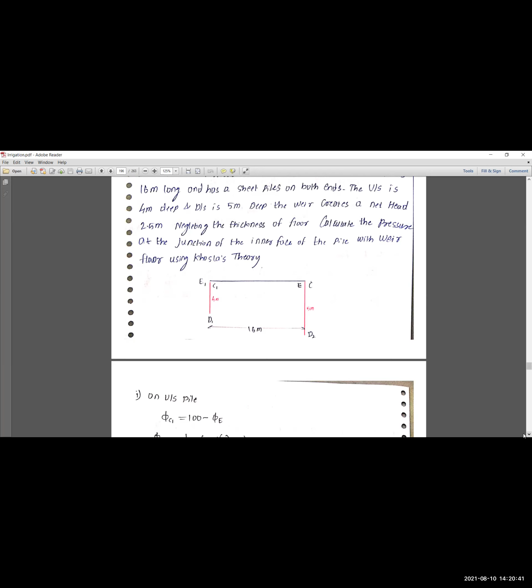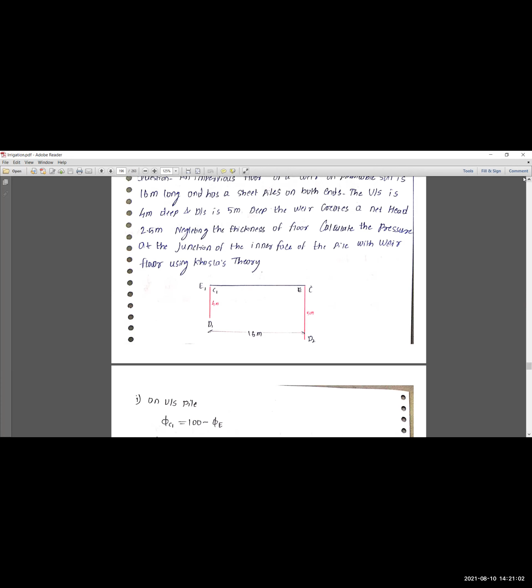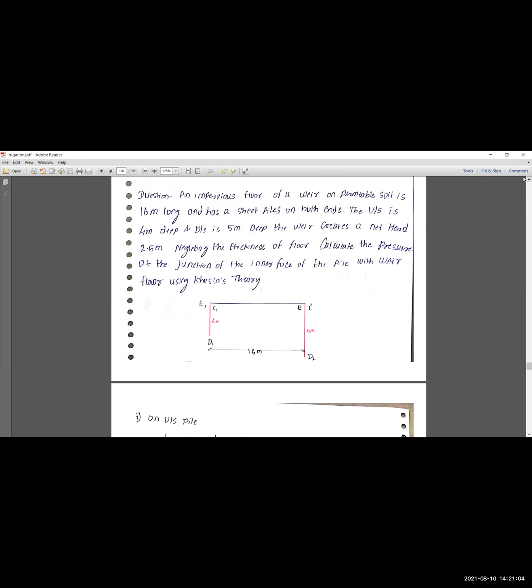Okay. So for solving this question, first we have to start to design the sheet pile. Okay, let's try this question. Distance of sheet piles is given, that is 16 meter long.